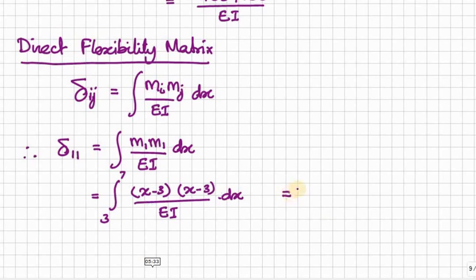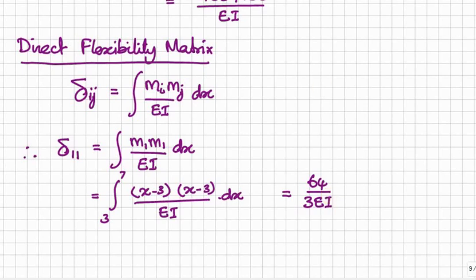Therefore 3 to 7, the limits of the AB member, because we are measuring x from the free end. Then this is the m1 value, x minus 3. Again we repeat the m1 value divided by EI into dx, which is equal to 64 over 3 EI.